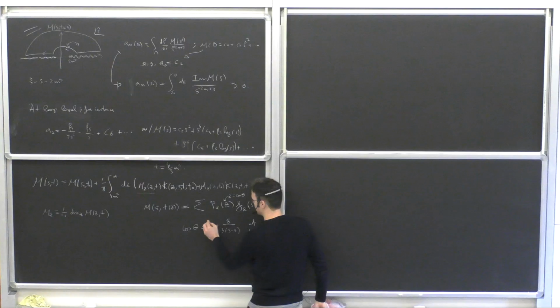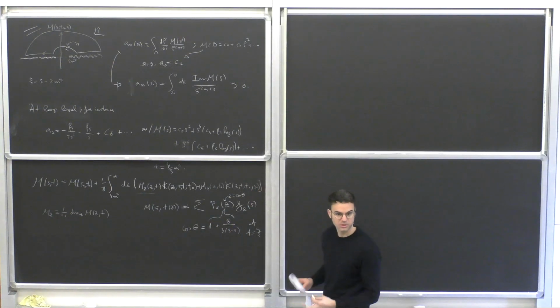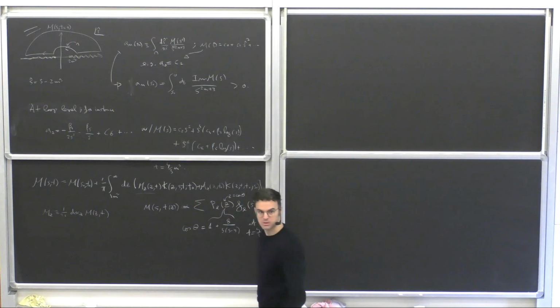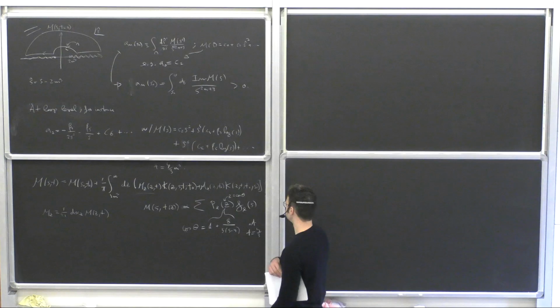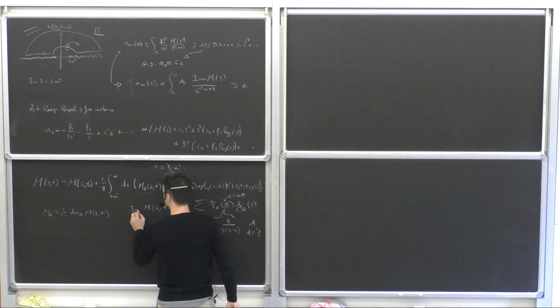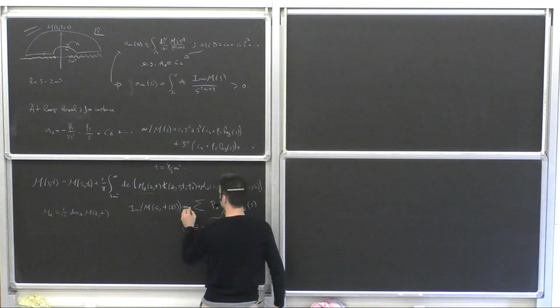So now you need to plug this inside here, okay? Is it clear what I'm saying? Yes, all right. But then you see, now take the imaginary part of this, okay?